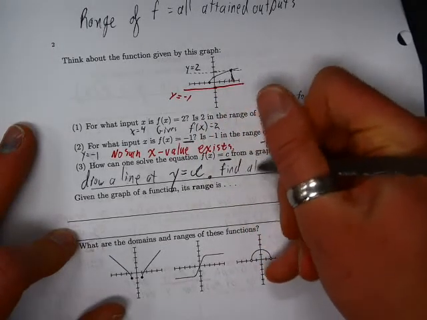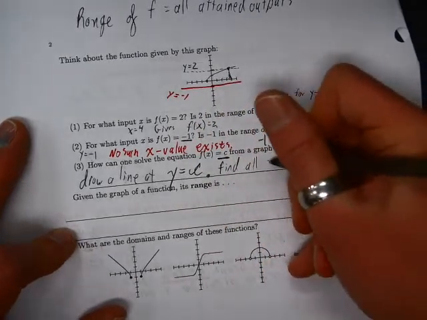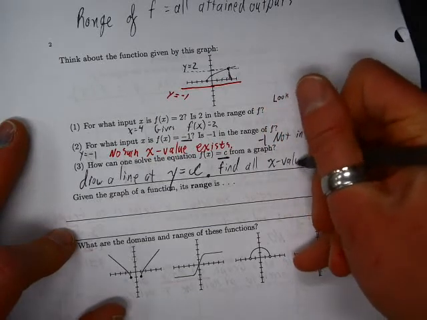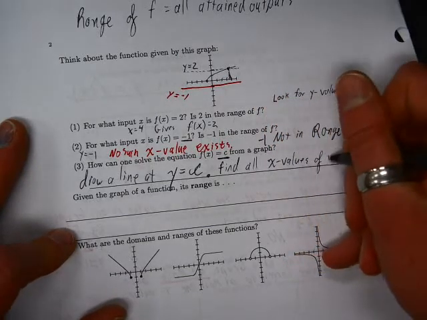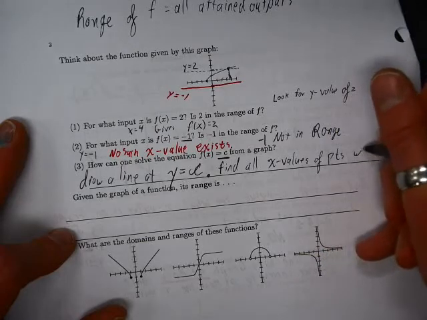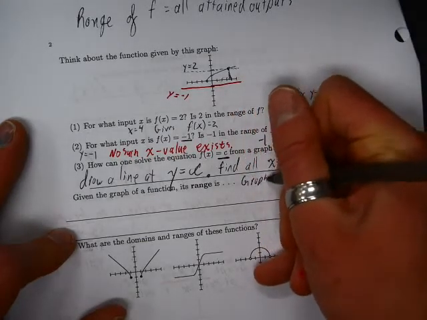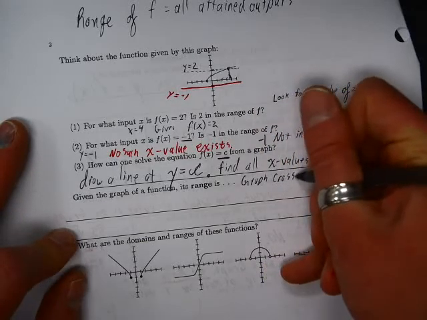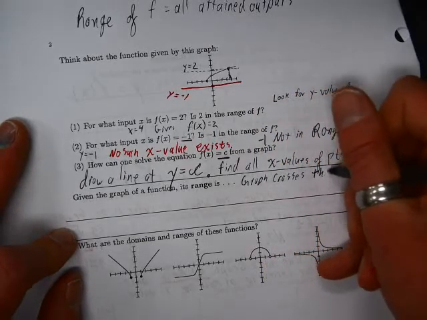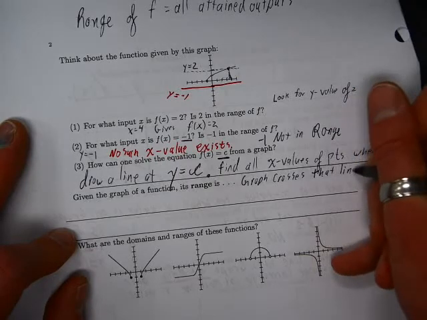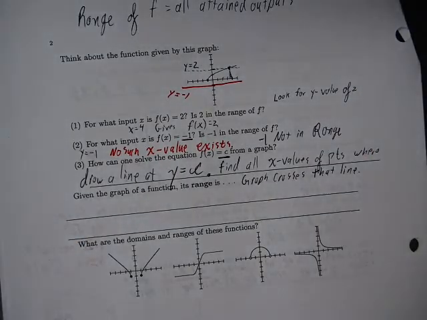Find all x values of points where the graph crosses the line. There might be more than one, there might be 0, there might be just 1. Does that make sense?